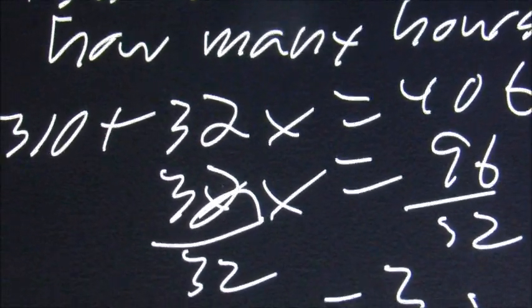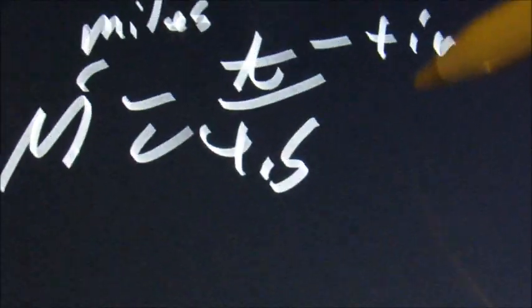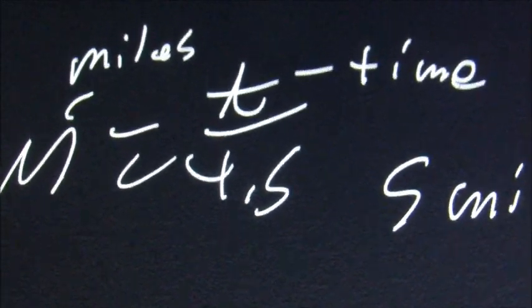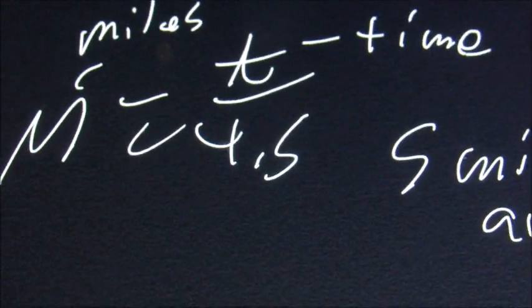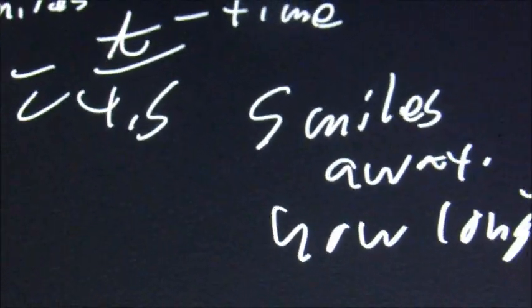Next, you're going to be given a formula, m equals t over 4.5. It'll be something like this, where m is miles and t is time, and something is 5 miles away, and so how long will it take?